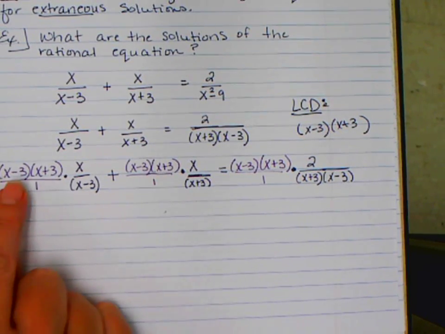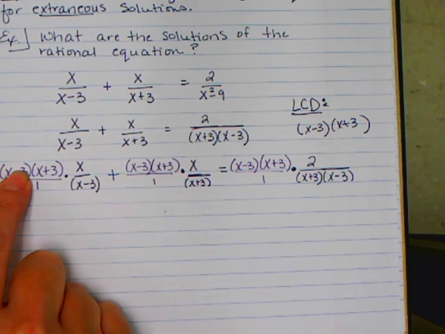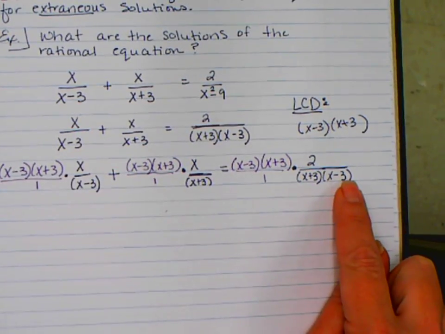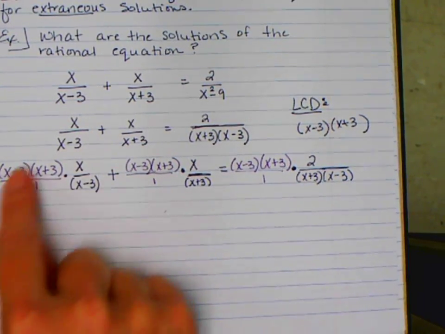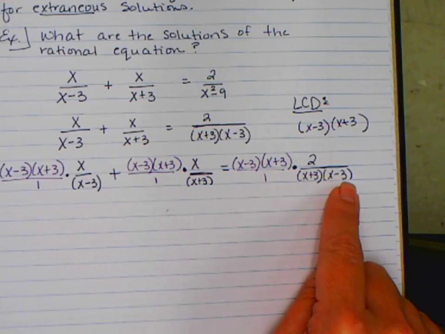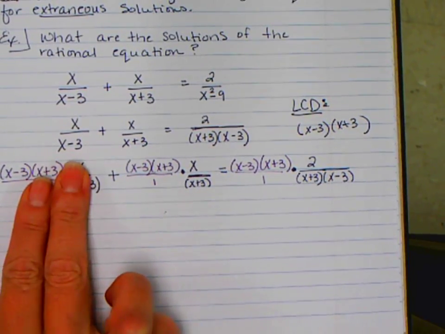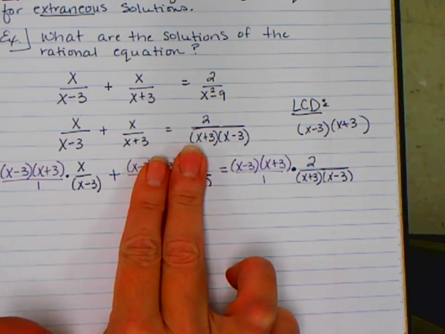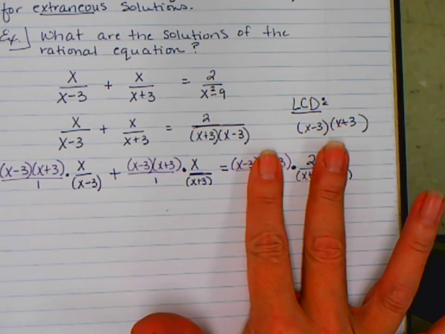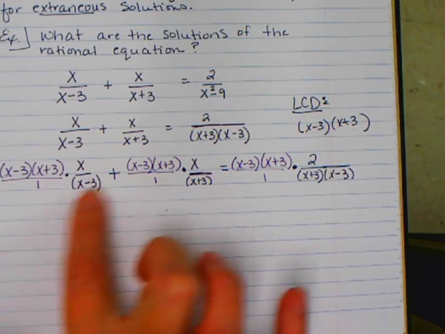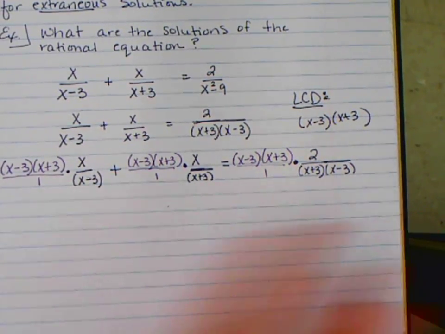But I couldn't reduce this x minus 3 from this fraction here with this x minus 3 over here, because I'm not multiplying this fraction times this fraction, okay? I'm multiplying these two together, plus I'm multiplying these two together, equals I'm multiplying these two together. So I can only reduce within the two fractions that I'm multiplying at a time.